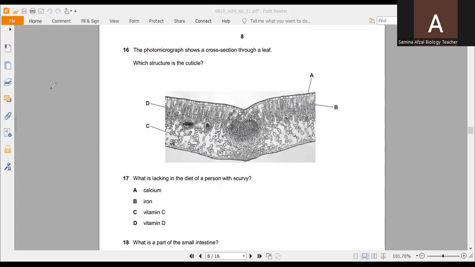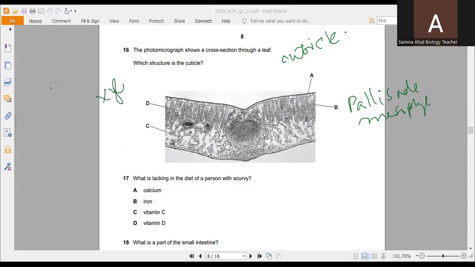The photomicrograph shows a cross section through a leaf. Which structure is the cuticle? Well, A is cuticle. If we see the transverse section or the cross section, this is cuticle and B is the palisade mesophyll.